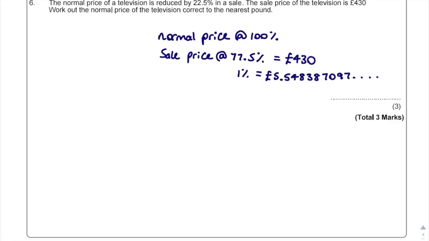And then to work out 100%, we're just going to multiply it by 100. So we get £554.8387. So to the nearest pound, that's going to be £555. So that is our final answer for question 6.